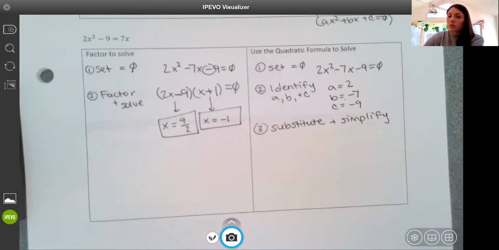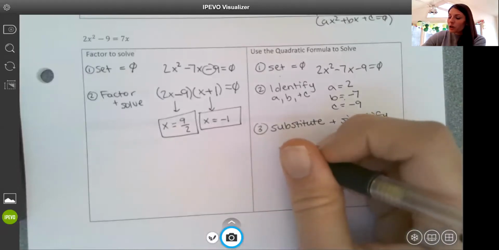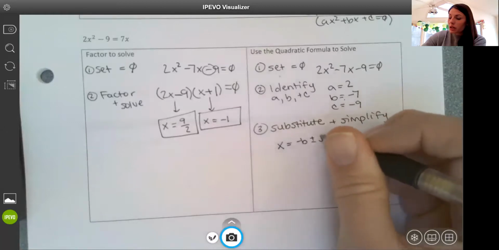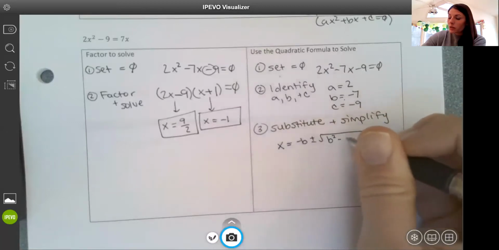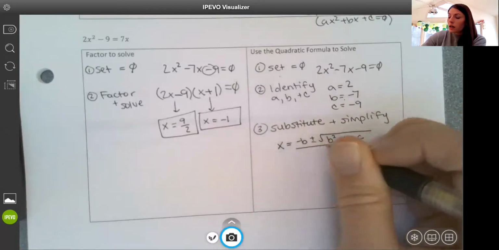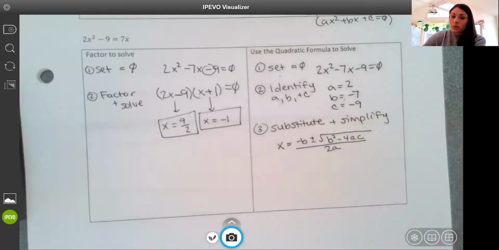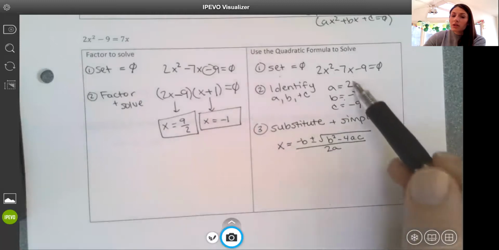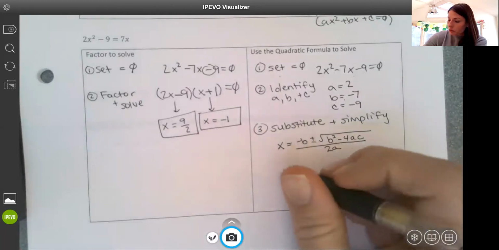Okay, you ready? Our quadratic formula is x equals negative b plus or minus the square root of b squared minus 4ac all over 2a. There's our quadratic formula. We are going to substitute in the a, b, and c values I have here into this formula.